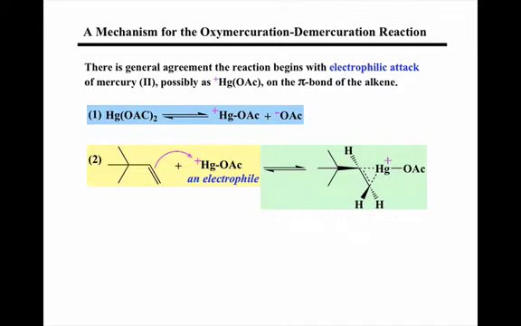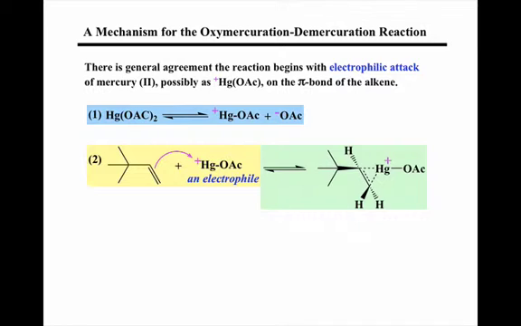So now what happens? Is that the product we got from the first step? What has to happen? I think you said it, Matt. That's the second step. We're not done with the first step yet. Okay, water has to come in and do something, right?